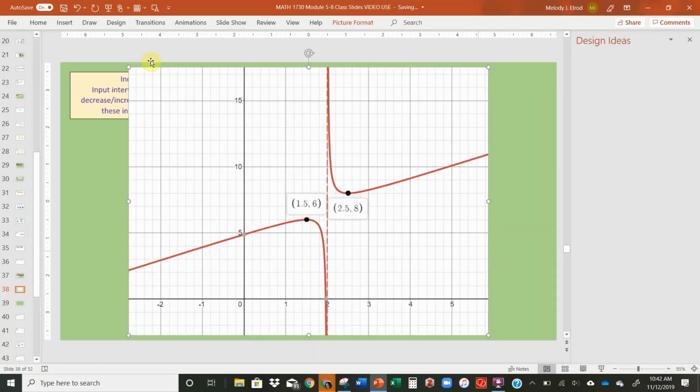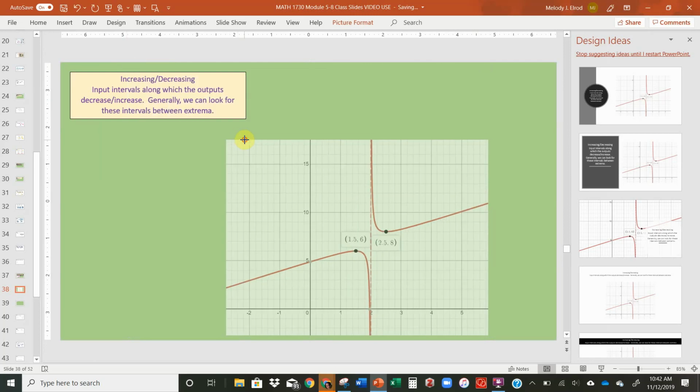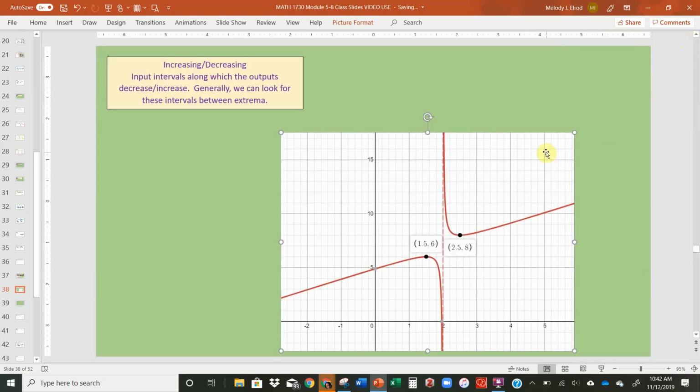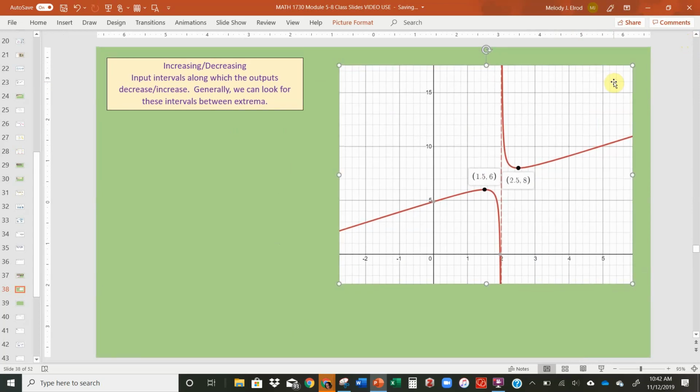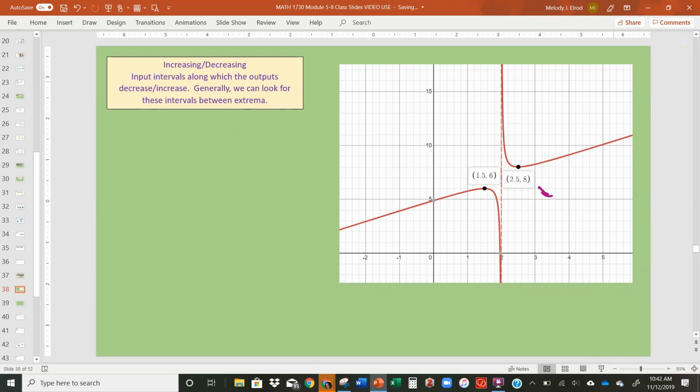Now in this particular case, we have an asymptote here at x equals 2. We have a local minimum at 2.5, 8. Right here we have a local min. Here we have a local max.